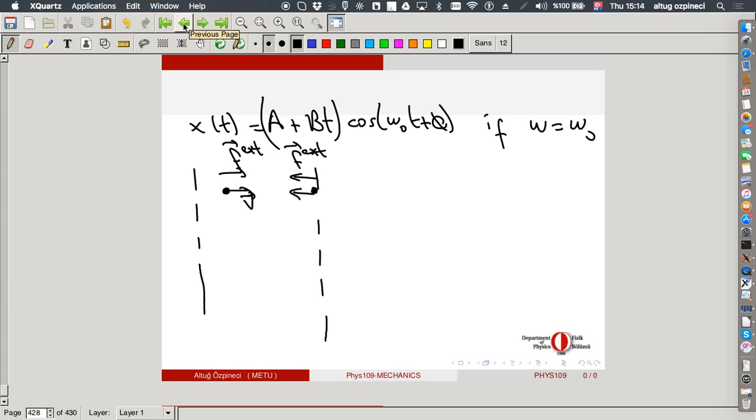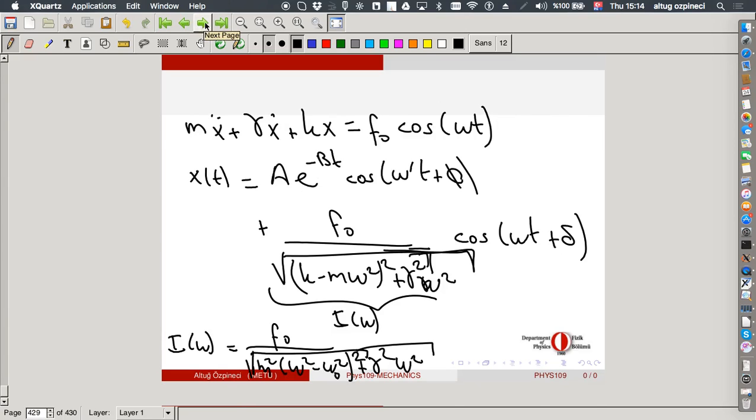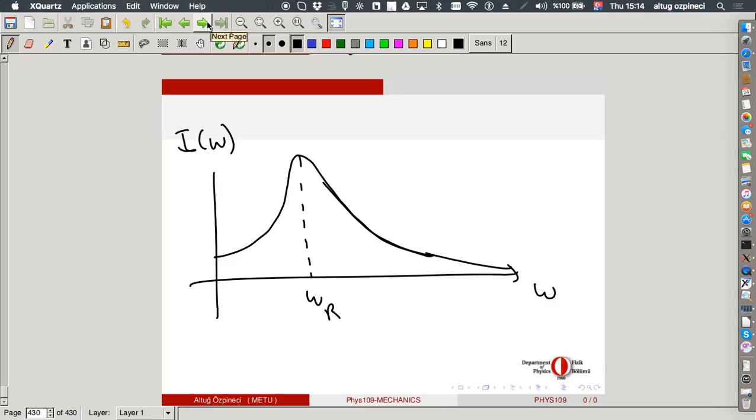The drag force is proportional to the velocity. But if the speed is infinite, you just cannot ignore the drag force. It has to be there. And when you add the drag force, there is no infinity left. Everything will remain finite, but of course the amplitude can become very large.